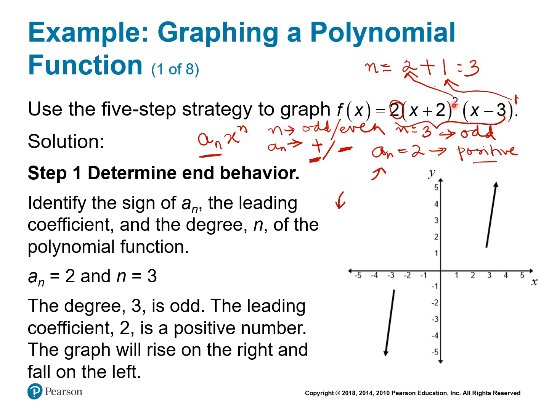Because it is in factored form, you have to add up all the exponents to get the leading exponent. Then it says the degree 3 is odd, the leading coefficient 2 is a positive number, n odd and a sub n positive. The graph will rise on the right and fall on the left indefinitely.